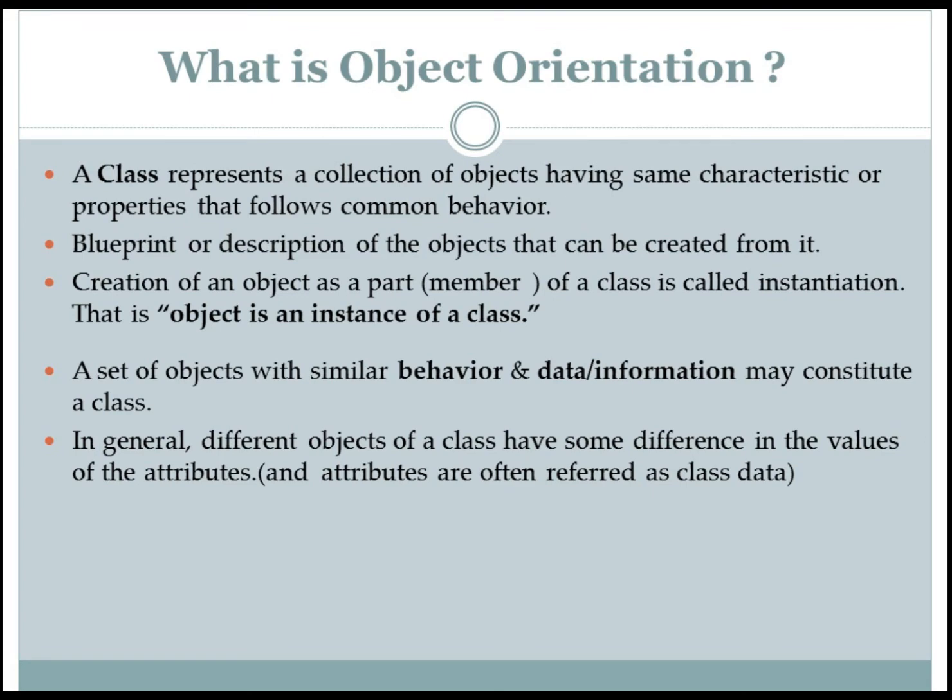To explain this statement, let's say a class department. The department may have two objects, a UG object and a PG object. The UG object represents the undergraduate department and the PG object represents the postgraduate department. They both will have different values and attributes depending upon the need of that class.